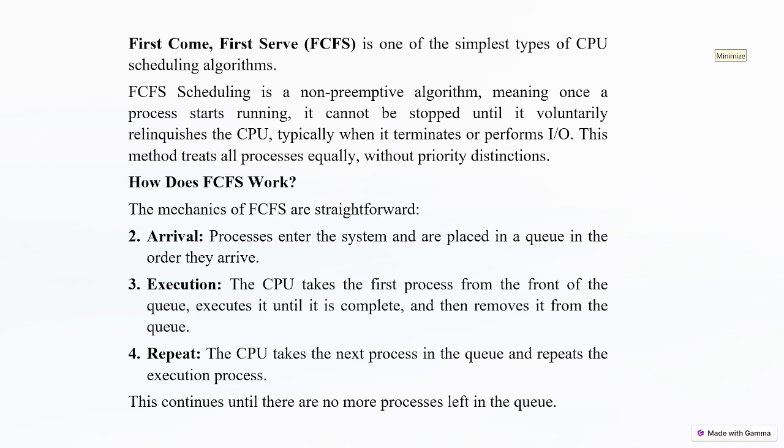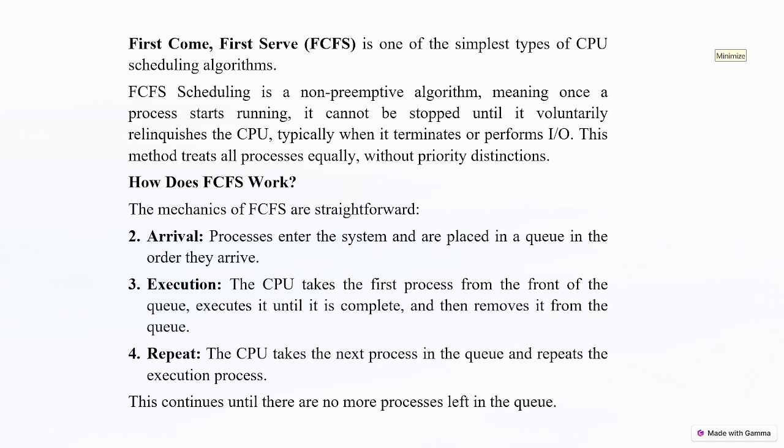FCFS scheduling is a non-preemptive algorithm, which means once a process starts execution, it cannot be stopped until it terminates or performs IO voluntarily. This method treats all processes equally without any priority.